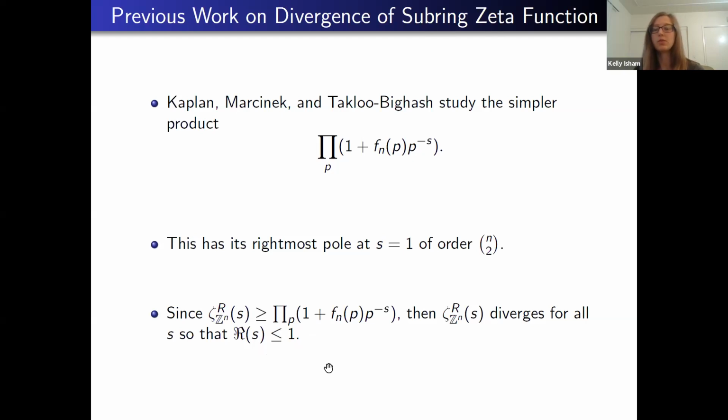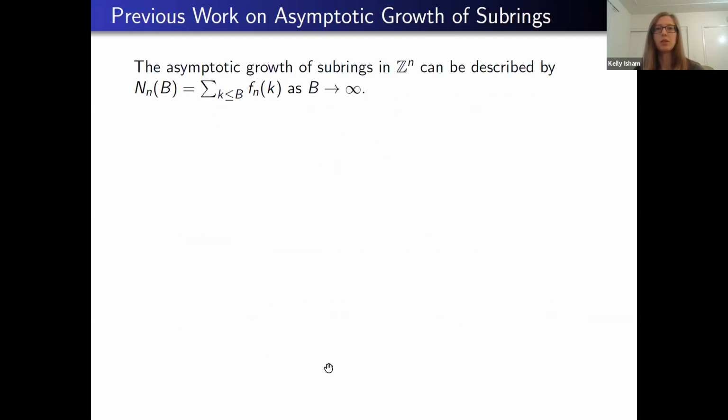So they do this really to prove the following theorem about the growth of subrings. Let's define formally what that is. The function N_n(b) is going to be the sum of the number of index k subrings in Z^n up to index b.